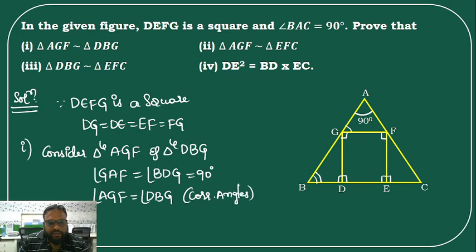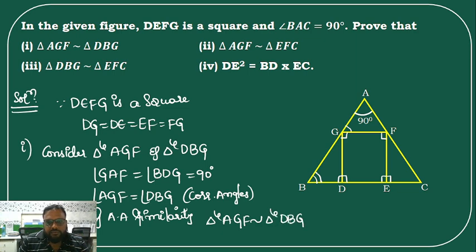So by AA similarity, I can write triangle AGF similar to triangle DBG. This is the first case that we had to prove. That is done. Now let us go to the second case.